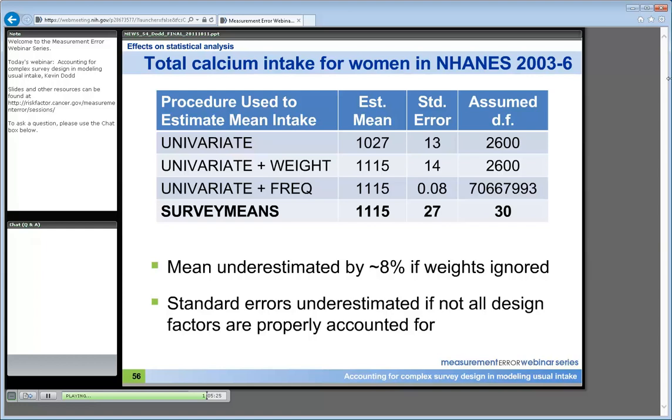This was something I did for a presentation at one of the international conferences for diet and activity methods quite a while ago. So yes, I think BRR is your go-to variance estimation technique when you have complex surveys where you want to look at something like percentiles.